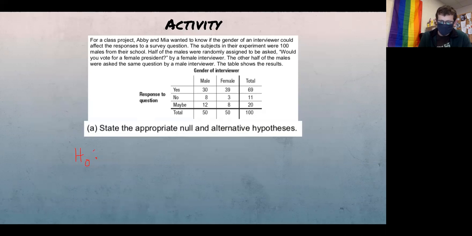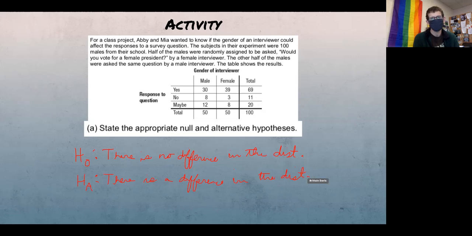I just want to go ahead and lay out the hypotheses to begin with. Our null hypothesis is that there is no difference in the distributions. And the alternative hypothesis is that there is a difference in the distributions.